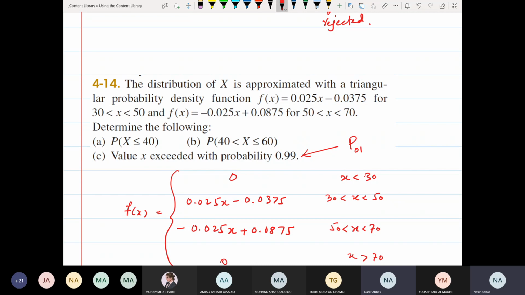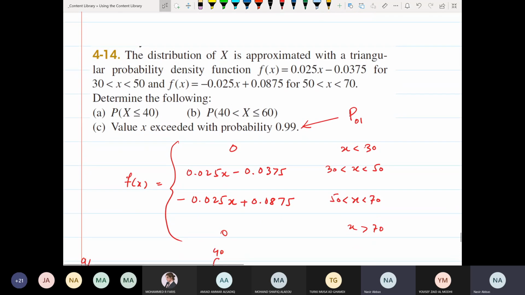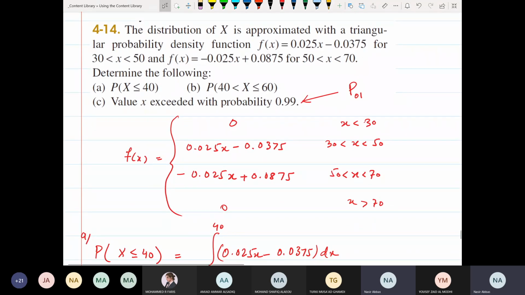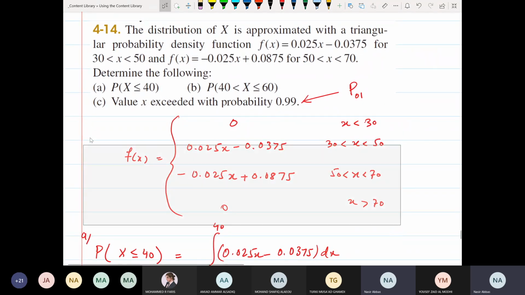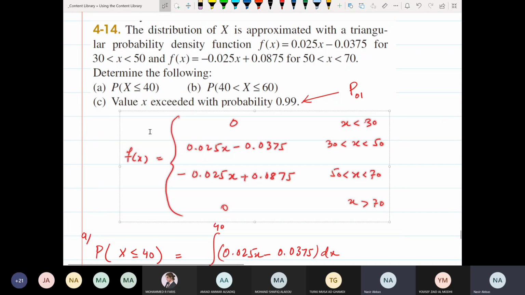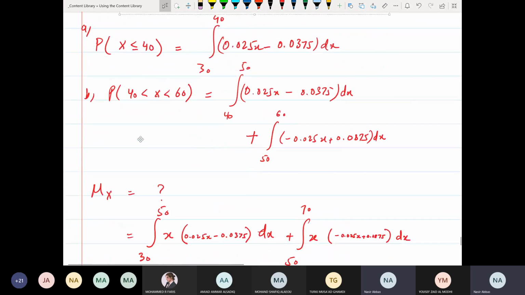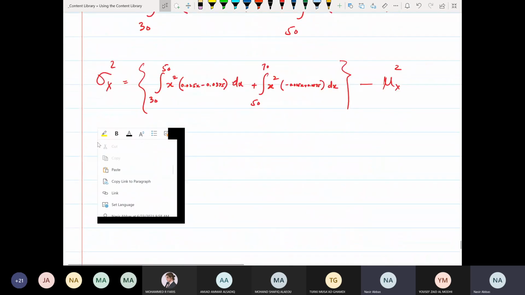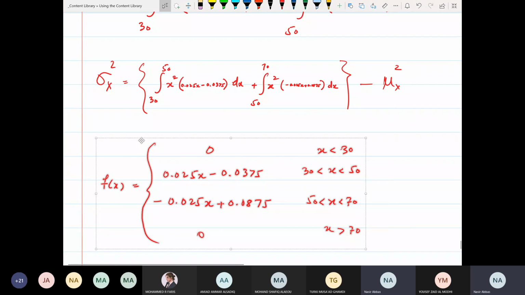Now to get the percentile when there is split domain, you need obviously capital F of x. And to get capital F of x, you need to integrate both of these functions. So let me copy this small f of x, and from this small f of x, I'll integrate both of them and I'll get capital F of x. That will also be split.